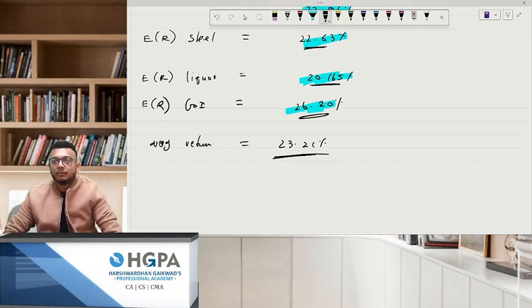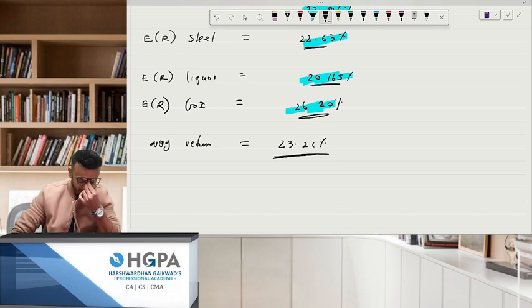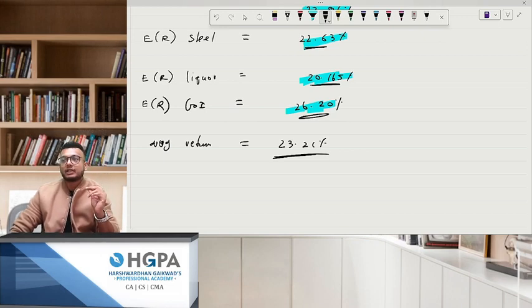Please write down the note: portfolio return is computed by weighted average only, but in this question they have specifically asked for simple average, and that is why we have computed the same.